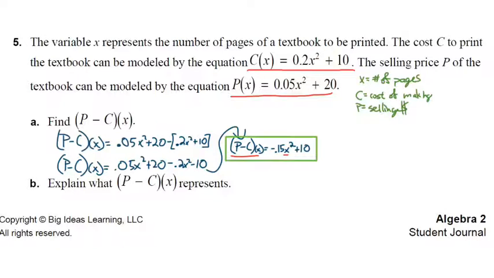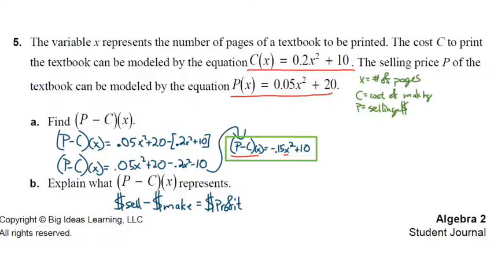Now the next thing asks, what does p minus c represent? Well, think of it this way. If p is the selling amount, the dollar amount to sell, and c is the dollar amount to make, well, if you take how much you sold it for minus how much it cost to make it, you equal the profit.